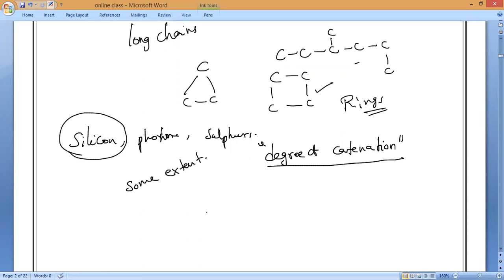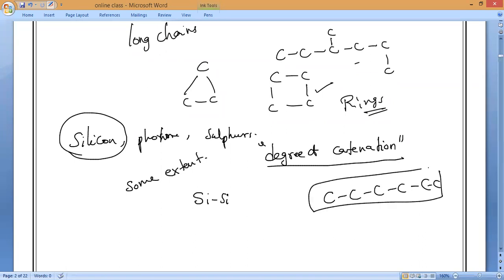Suppose I have taken silicon, it also can form a catenation property. But like carbon, if carbon forms a catenation property, the chain is very, very strong. Do you understand, everybody? Even though it is a covalent compound, the bond formed by carbon is very, very strong. But with silicon, the bond will be very weak, and the compounds also will be unstable in nature.